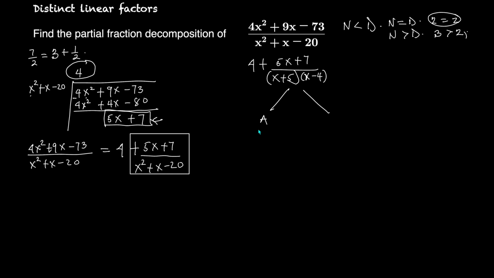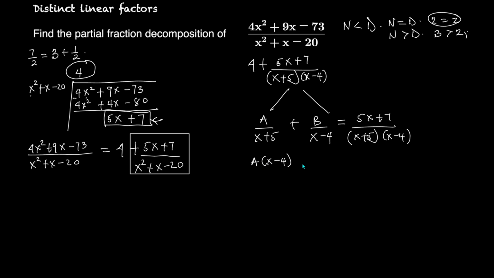We have a over x plus 5 and b over x minus 4. So don't forget that we are taking this together with 5x plus 7 over x plus 5 and x minus 4. So a multiplies x minus 4 and b multiplies x plus 5 equals 5x plus 7.